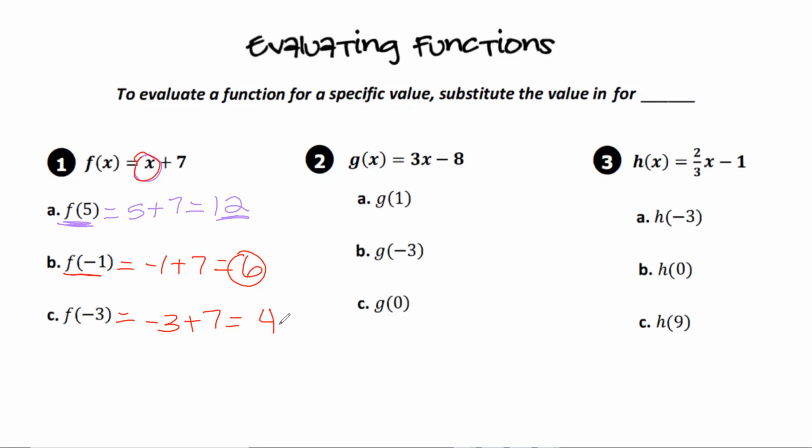So f of -3, I got 4. Is that what you got? Yeah. Okay. Easy enough? I hope so. You're like, this is boring. Good. Okay. Moving on to this next column.